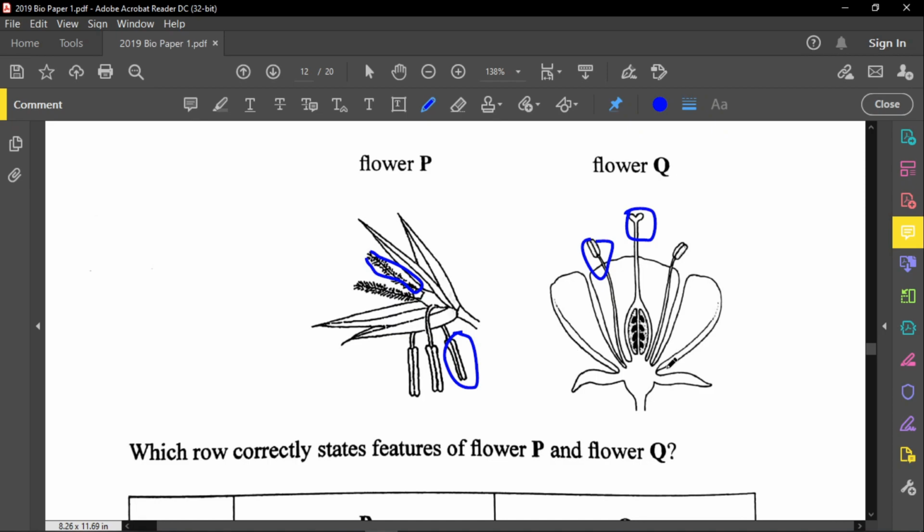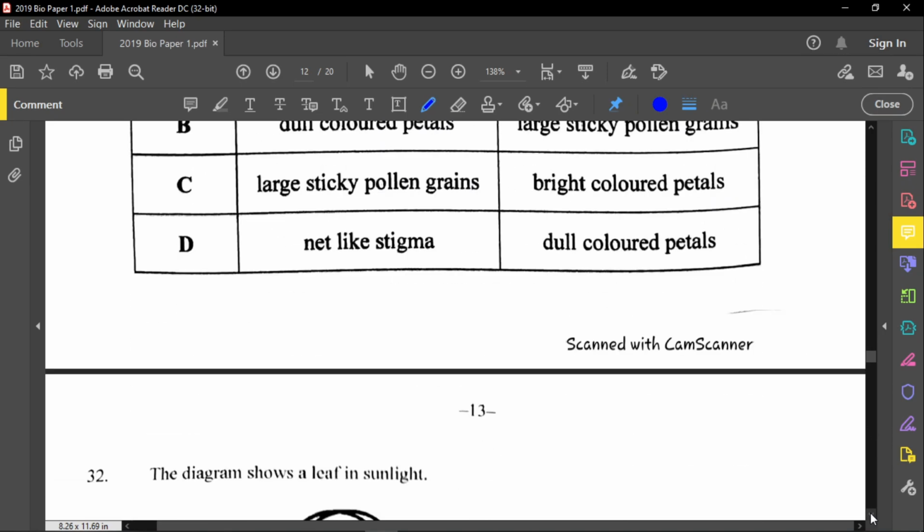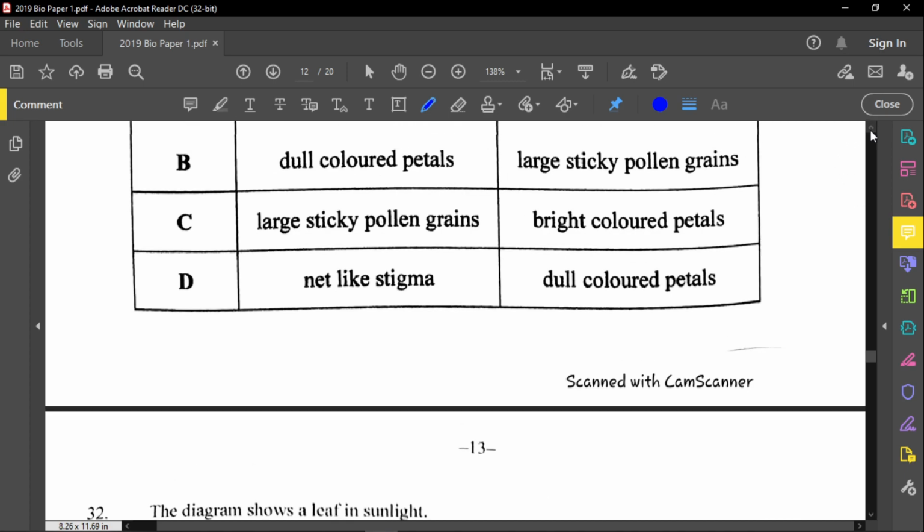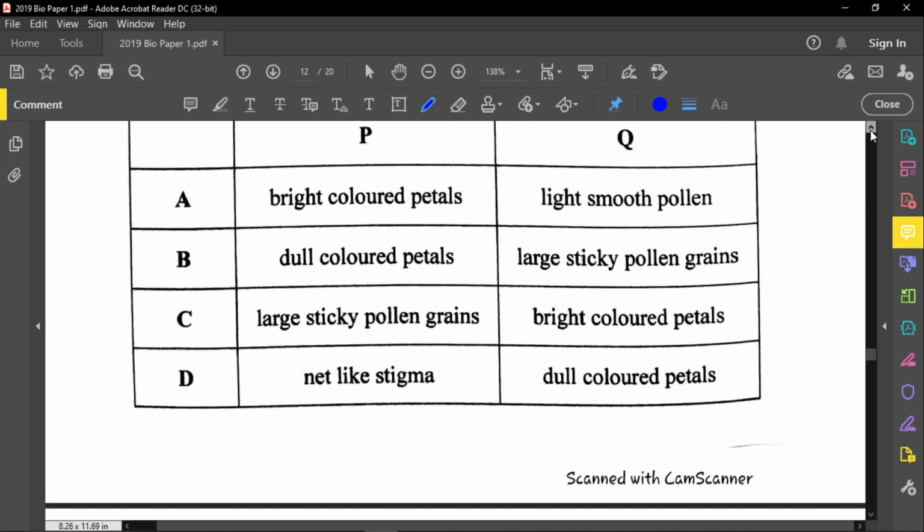All right, so let's now jump into it real quick. All right, so this is question number 31. All right, let's go back a little bit. All right, so let's go through it. And in this now, we said that P is brightly colored. Remember, the one that is insect pollinated is Q, and the wind pollinated one is P. And so brightly colored could not be the answer for this flower at all.